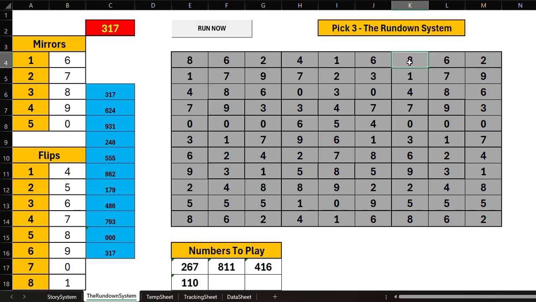So 961. It's 416, 961, right? That's the mirroring numbers. See that mirroring numbers over here: for the 9 is a 4, 1 is a 6, and then 6 is a 1.